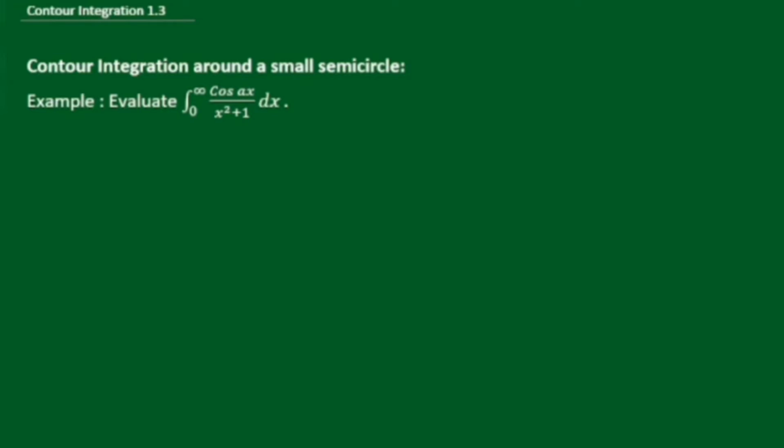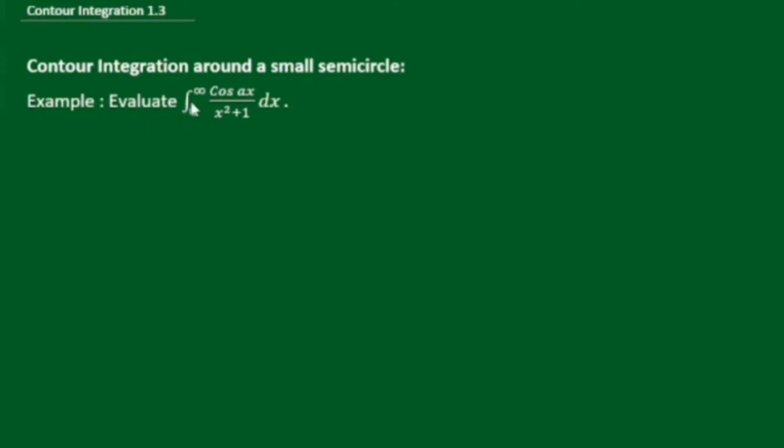In such cases, we put e to the power iota z in place of cos x or sin x. Then later on, by equating the real and imaginary parts of our obtained result, we can evaluate our original integral. So let's see the example.